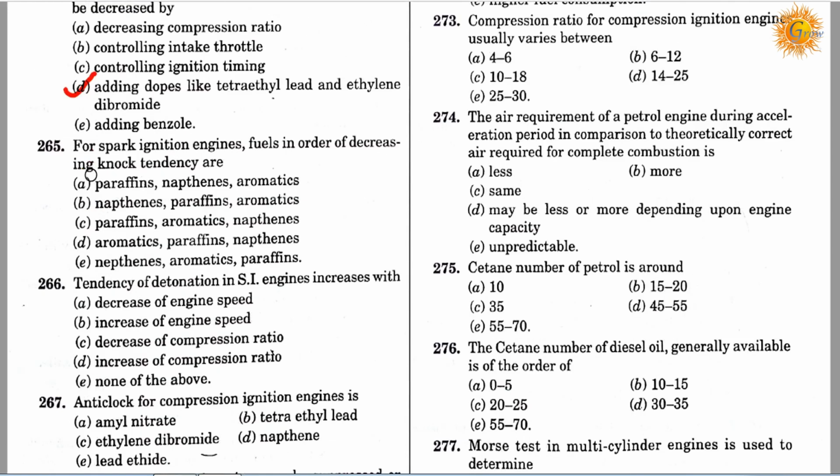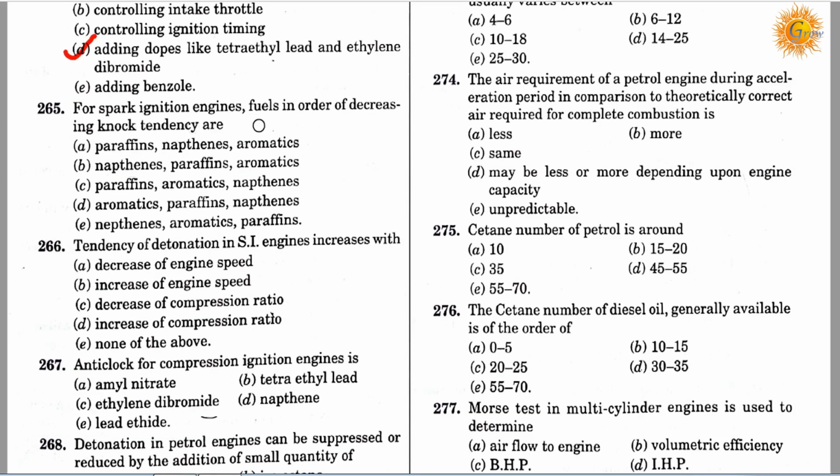Question number 265. For spark ignition engines, fuels in order of decreasing knocking tendency are: option A, paraffins, naphthenes and aromatics; option B, naphthenes, paraffins, aromatics; option C, paraffins, aromatics and naphthenes; option D, aromatics, paraffins and naphthenes; option E, naphthenes, aromatics and paraffins.